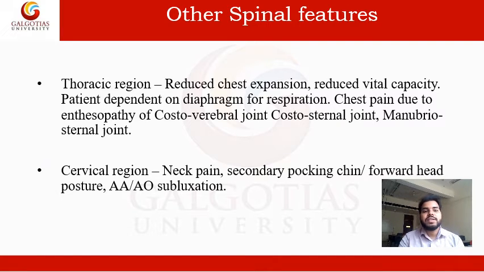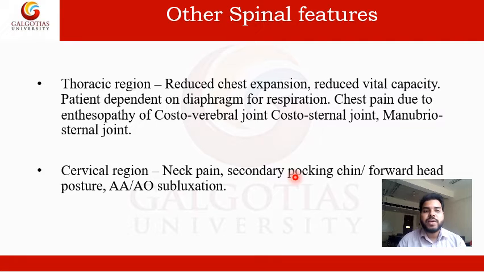Other spinal features: in the thoracic region, there is reduced chest expansion because of the fusion and the inflammation. The patient feels pain, so the patient is not able to breathe properly, and there is a lack of chest expansion. Reduced vital capacity; the patient depends on the diaphragm for respiration.